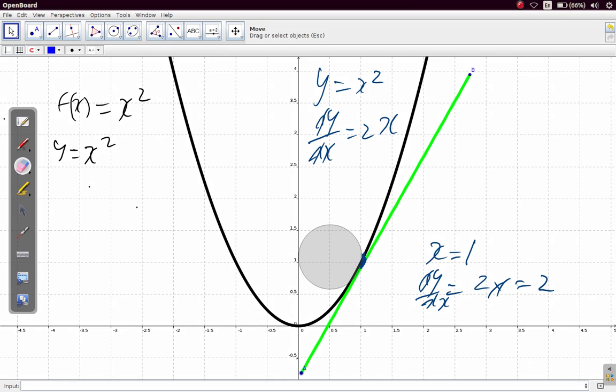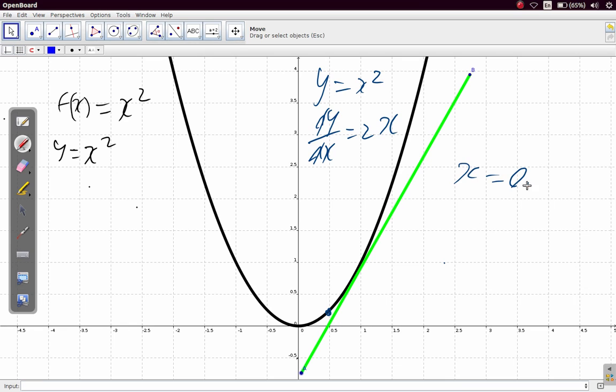Now, it also means that if you place the point at 0.5, your point is here. When x is equal to 0.5, the gradient of the curve, the gradient of y equals x squared, dy by dx is 2x, which is 2 times 0.5, which is 1.